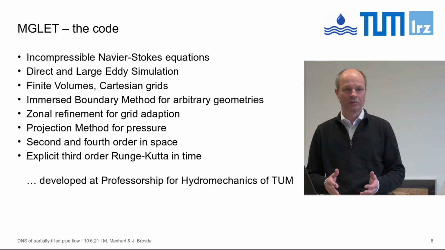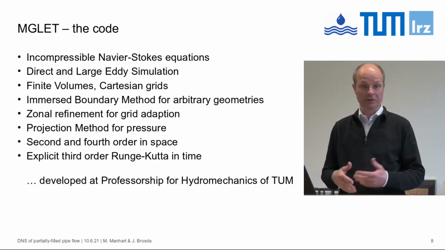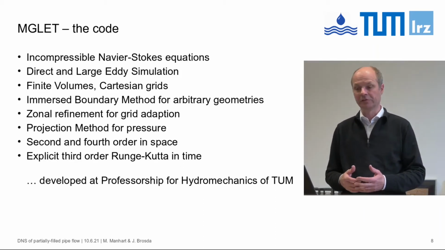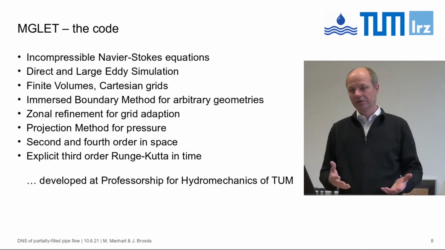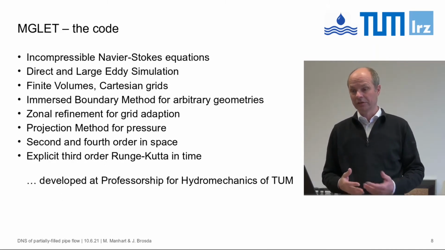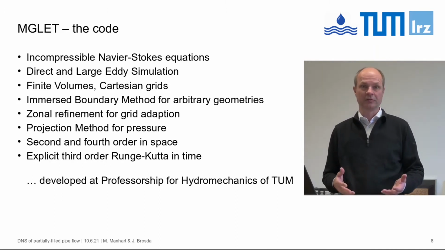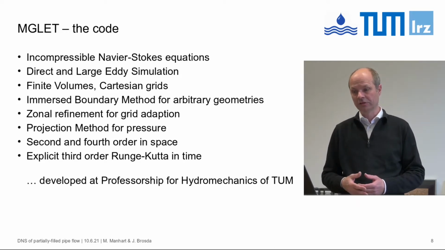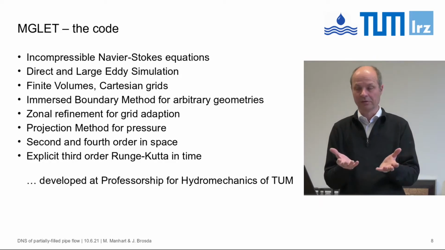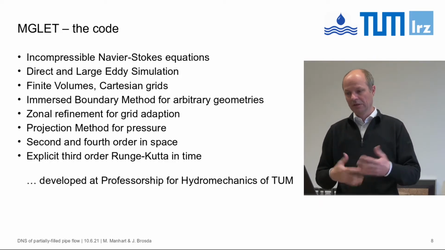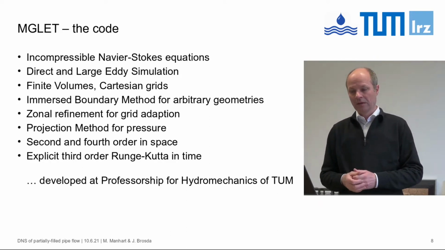We use the code mglet, which solves the incompressible Navier-Stokes equations. It is specially designed for direct and large eddy simulations. It uses finite volumes, Cartesian grids, and an immersed boundary method for representing the curved surface in a Cartesian grid.